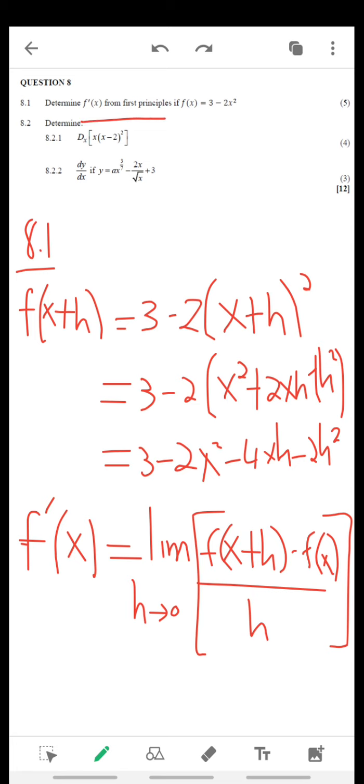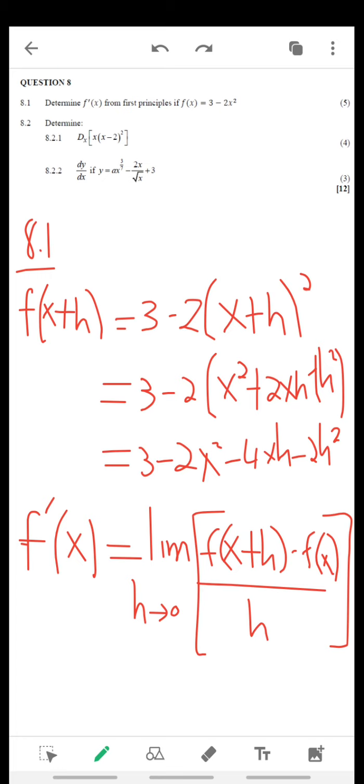On revision number 1, I've explained that the first principle is another way of deriving a function, and when they say first principle, there is a principle specifically that you need to use. You can't use the power rule if they said use your first principle. Even if the answer is the same, the procedure is just different, so you get 0. So you need to use first principle.